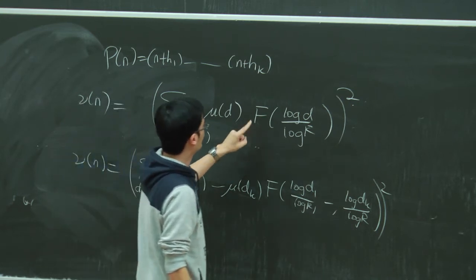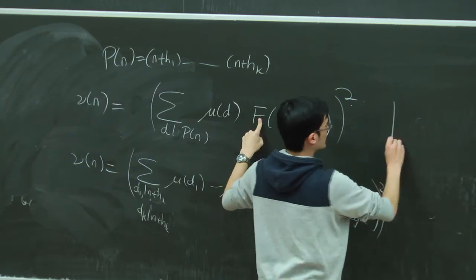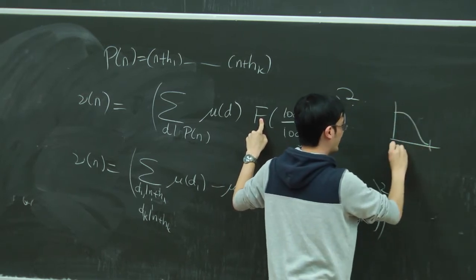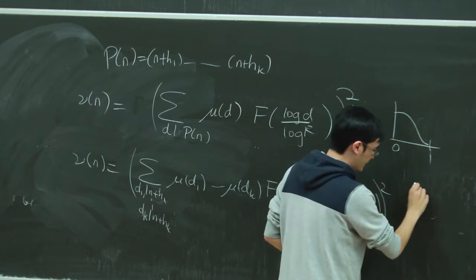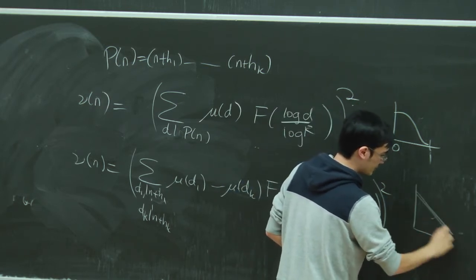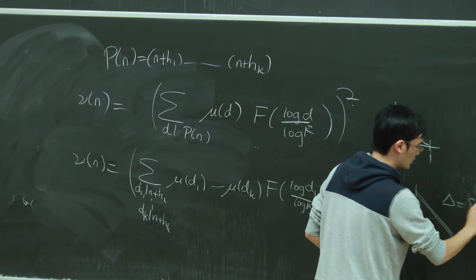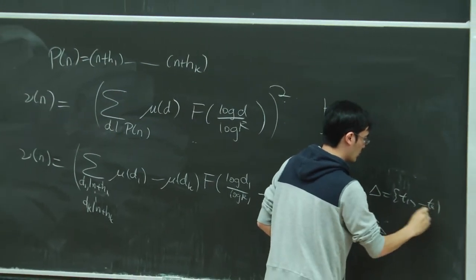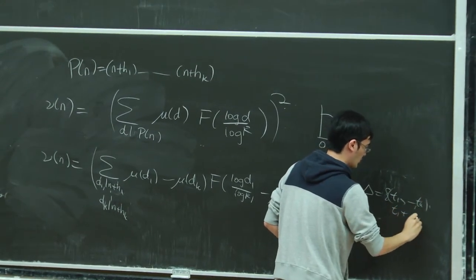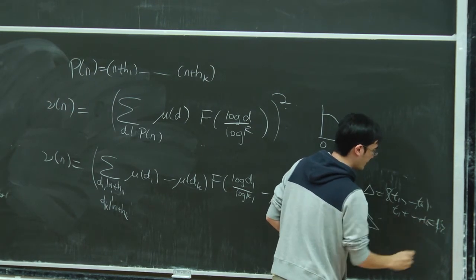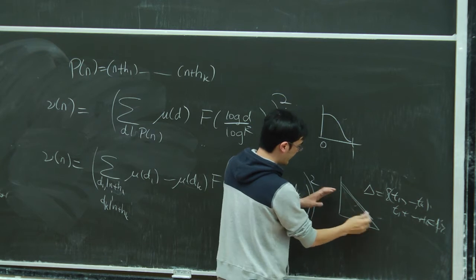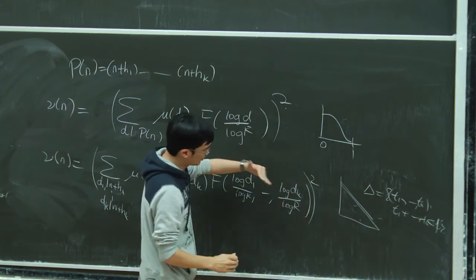So this f is just sort of a nice cutoff. It looks something like that. This f is a function which lives on a simplex. It's a nice smooth function on the simplex.